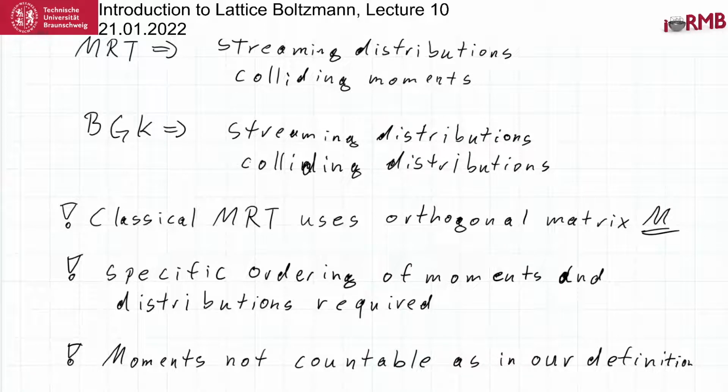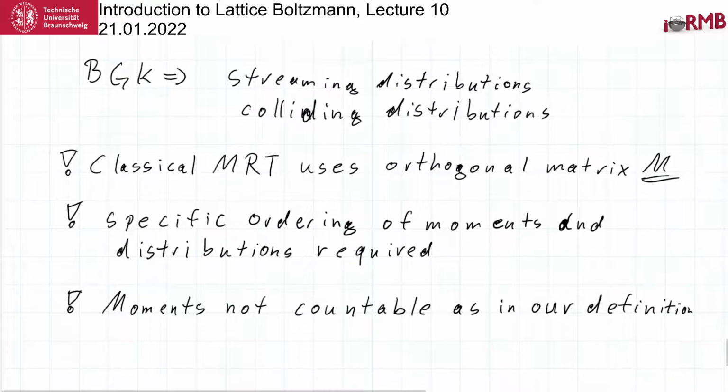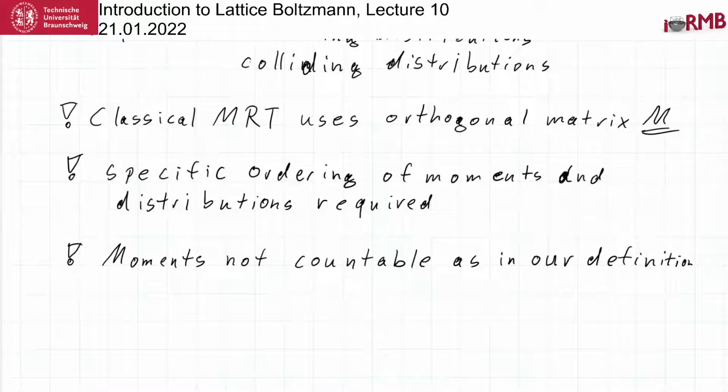In that way they are still countable, but this is a completely arbitrary ordering. In our definition of countable moments, we count them according to their order, and this is not the case if you put them in this way into a matrix. So let's look at how Lallemand and Luo actually arranged them.